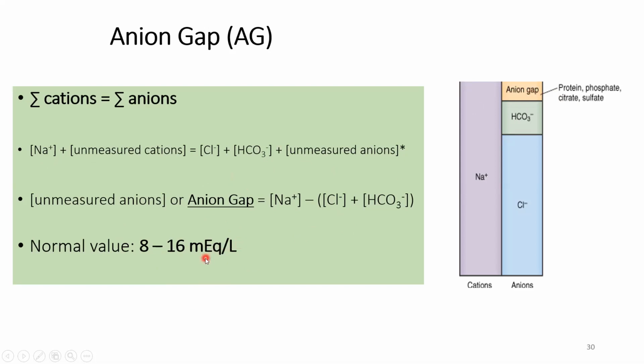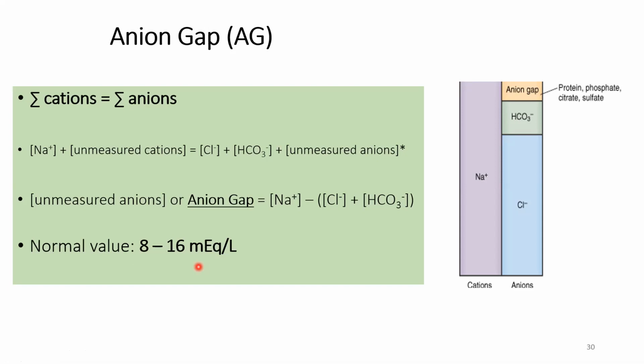Now, why are we even doing this? So let me just give you a generic scenario. Look, if this person with the normal anion gap takes up an acid, or develops a condition in which there is increased acid, either ingestion or production inside the body, what's going to happen?